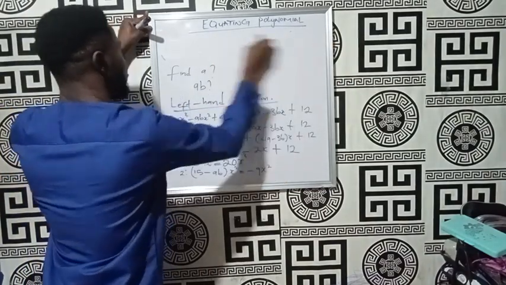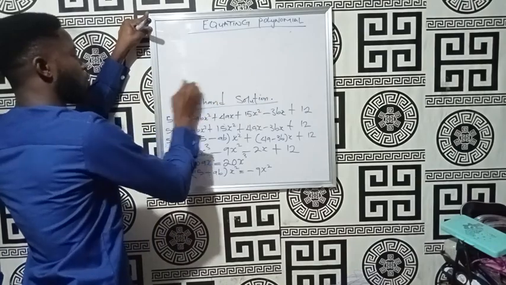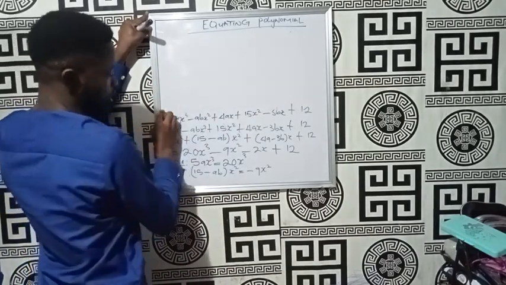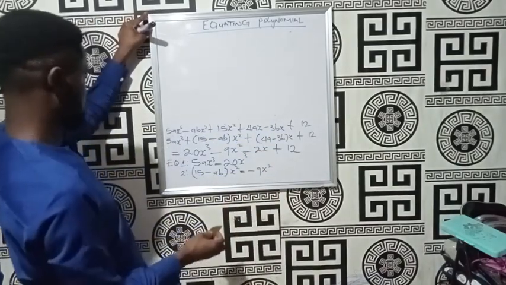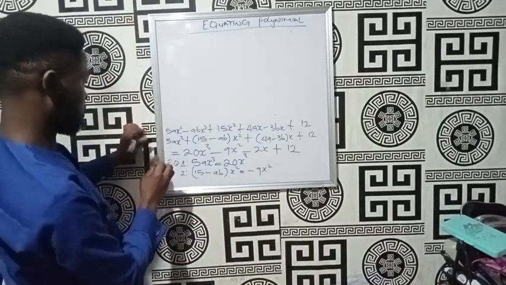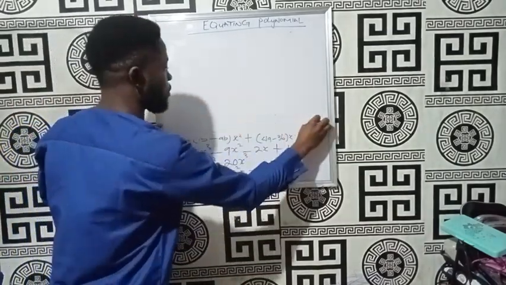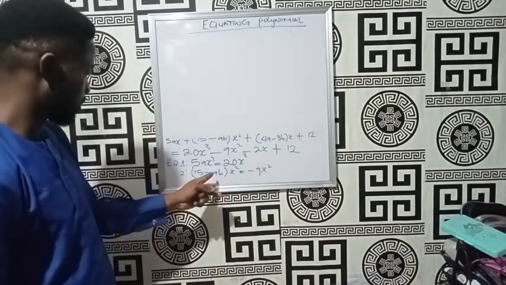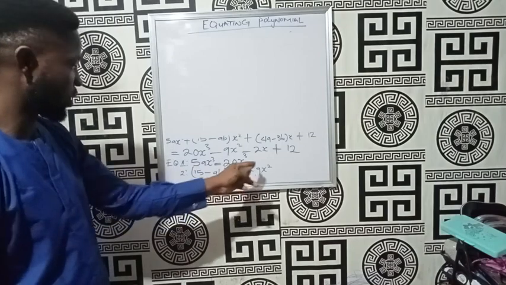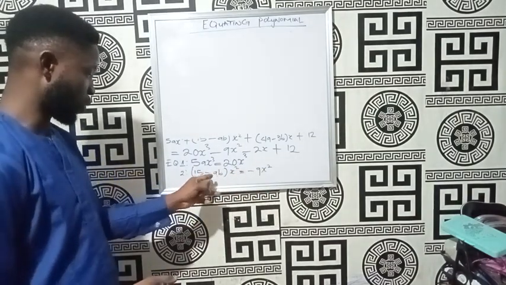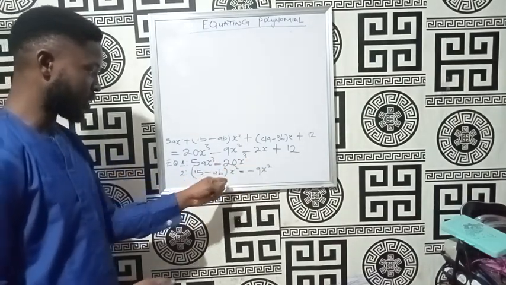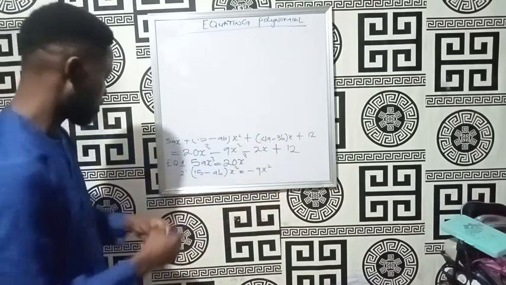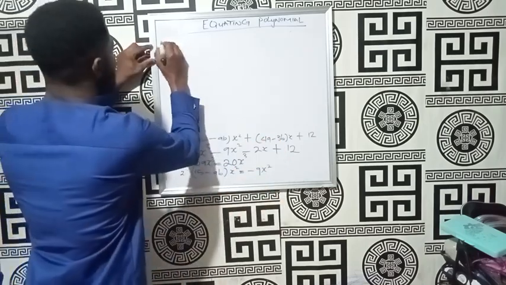So this is a trick that works for equating polynomials, this kind of algebra in SAT questions. So let's not clean what we've already solved. Now we have equation 1, equation 2, and by equating their coefficients, we are equating them based on their degree.